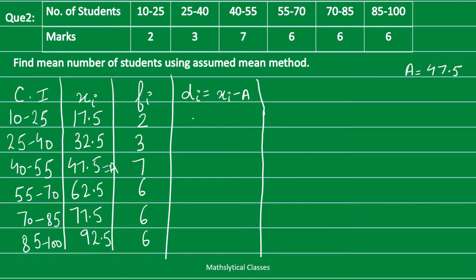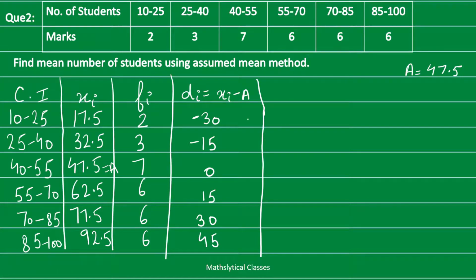So here you can see what you will get. 17.5 minus 47.5, you'll get minus 30, then minus 15, then 0, then 15, then 30 and 45. From each xi you subtract 47.5.